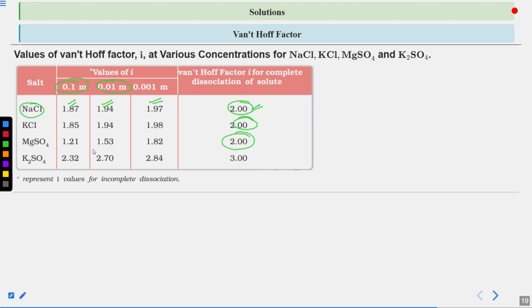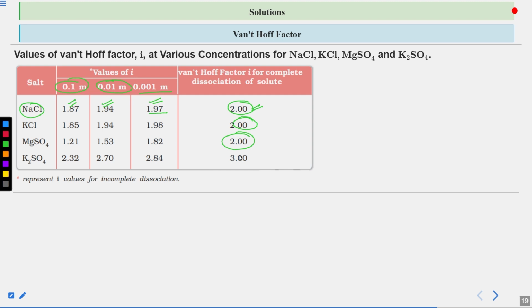Okay, very well. Now from here we can get 2 things which are very, very important, and there is a very good question in the exemplar regarding the same thing. What is that concept? As you keep decreasing the concentration, the value of i becomes closer to the ideal value. Like for a lower concentration like 0.001, it is 1.97 for NaCl, 1.98 for KCl, 1.82 for MgSO4 and 2.84 for K2SO4.